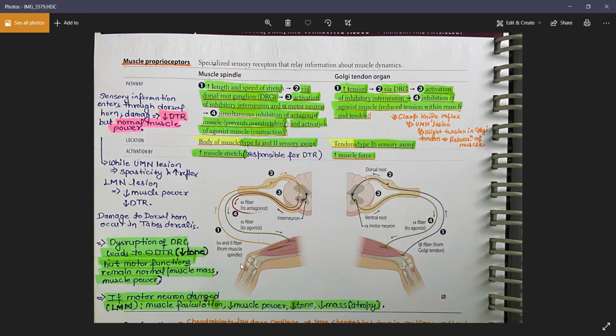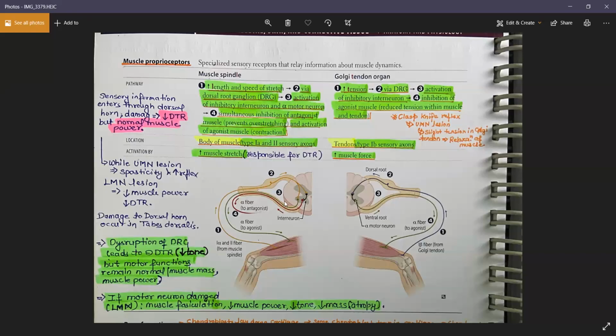Whenever my spindles are activated, for example, I tap on the muscle for the jerking, these spindles are activated. They will cause the contraction through all these 1a fibers and the 2 fibers. They will go to the dorsal root ganglion, then to the dorsal horn, activate the Renshaw cells and activate these motor neurons.